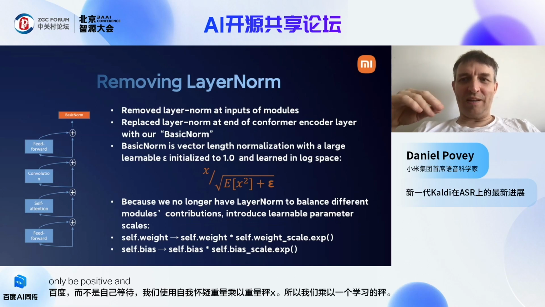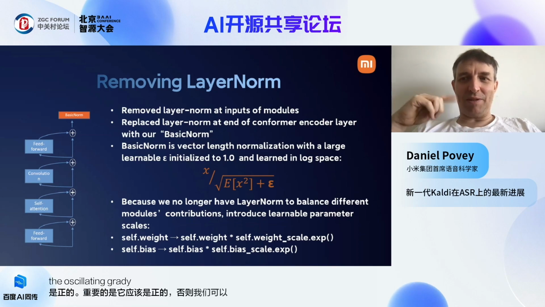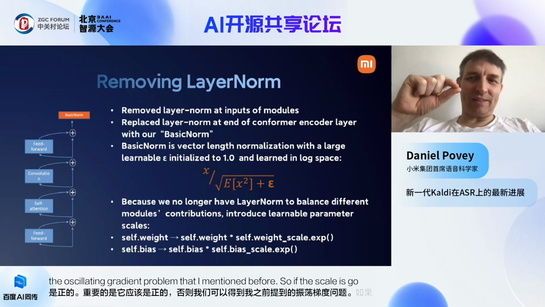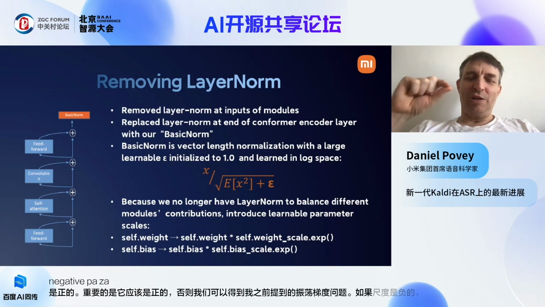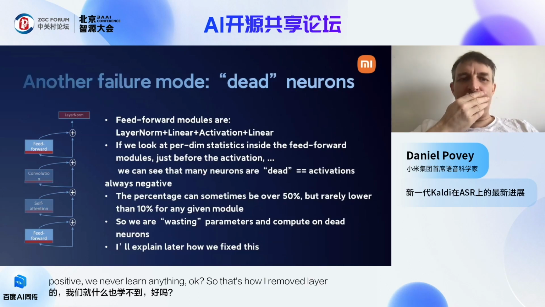And it's important that it should only be positive, because otherwise we can get the oscillating gradient problem that I mentioned before. If the scale is going negative, positive, negative, positive, we never learn anything because the gradient keeps flipping. Okay, so that's how we remove LayerNorm.